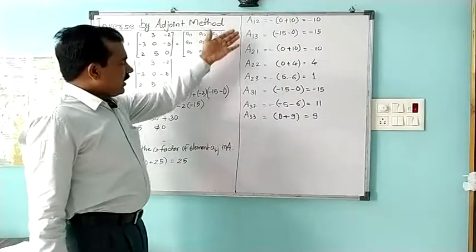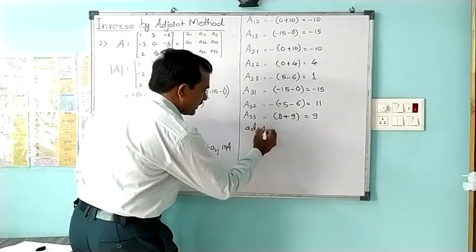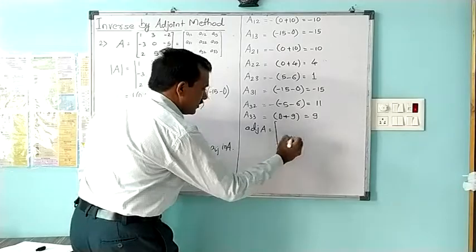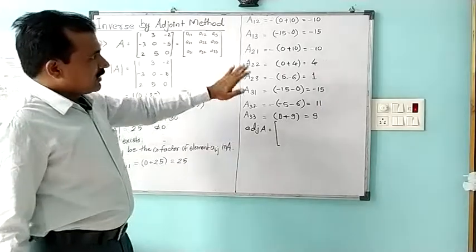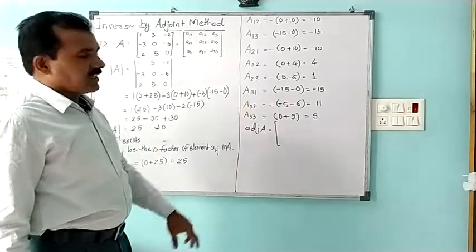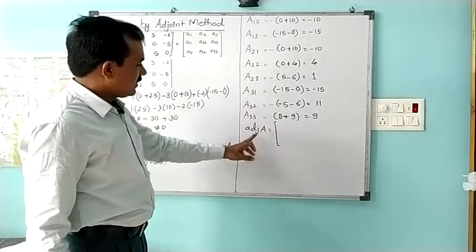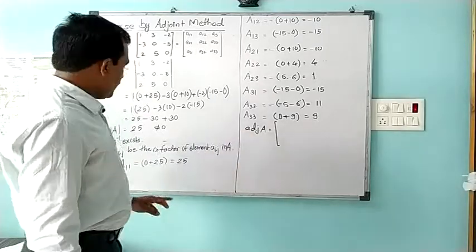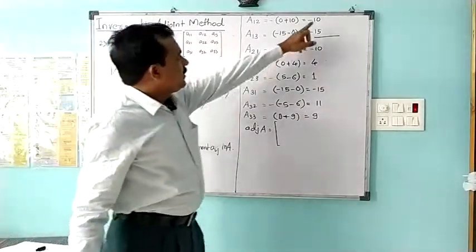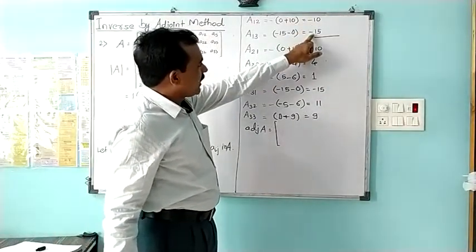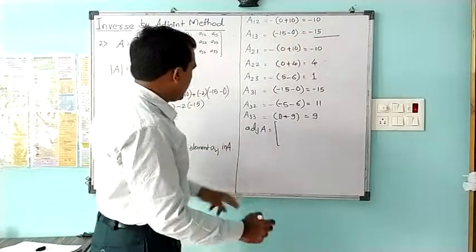Now after having the 9 cofactors, the adjoint matrix can be evaluated directly. Instead of writing the matrix of cofactors and then its transpose, this process can be eliminated and we can write directly the adjoint matrix by selecting the first 3 elements, 25, -10, -15, in the first column.